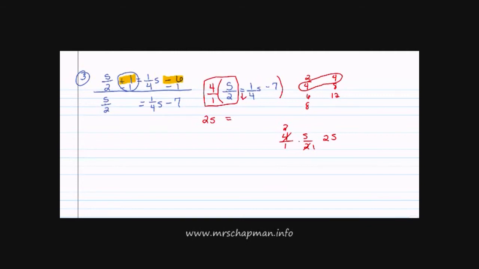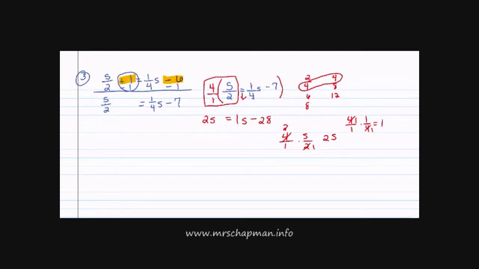Now, 4 over 1 times 1/4 s, 1 is 1. So that gives me 1s. Minus 4 times negative 7 is a negative 28. And now I don't have fractions anymore.